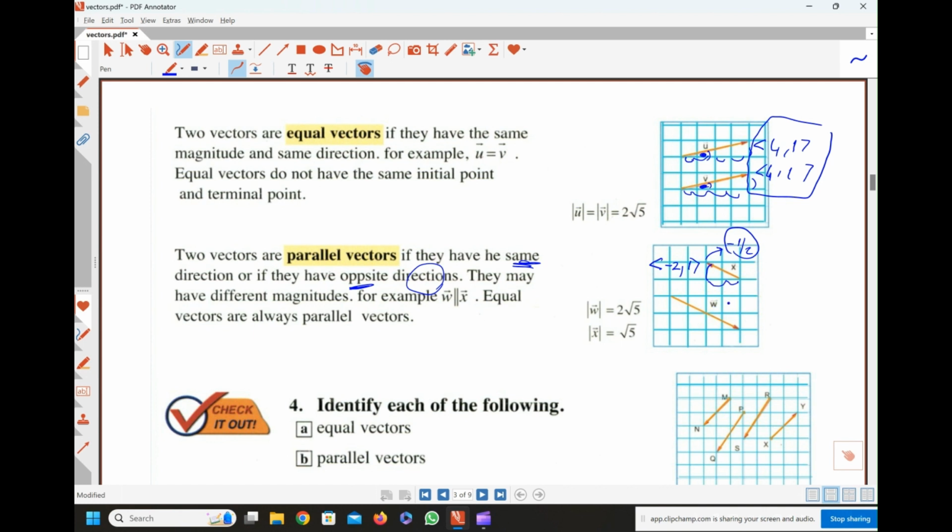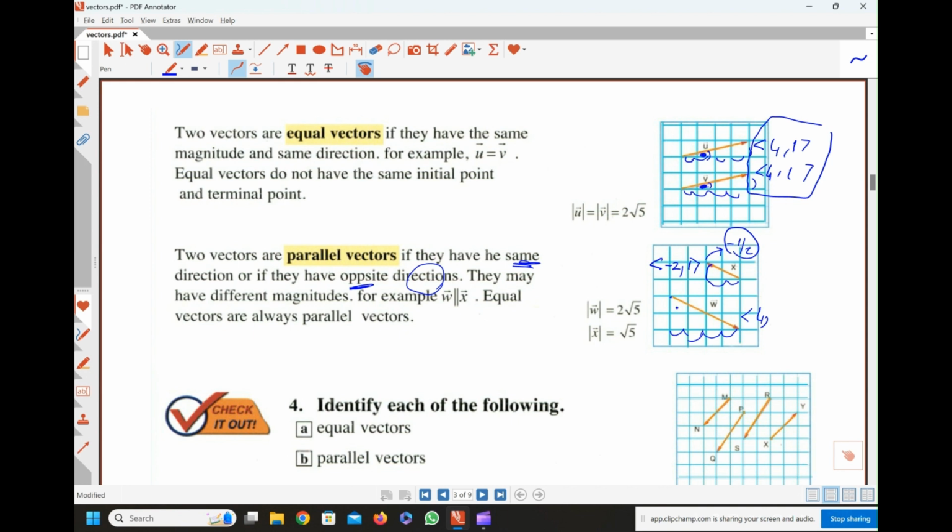What about vector w? Let's figure out the horizontal change: 1, 2, 3, 4 units. Are you going right or left? You are moving in the right, positive horizontal direction, so it is positive 4, comma.